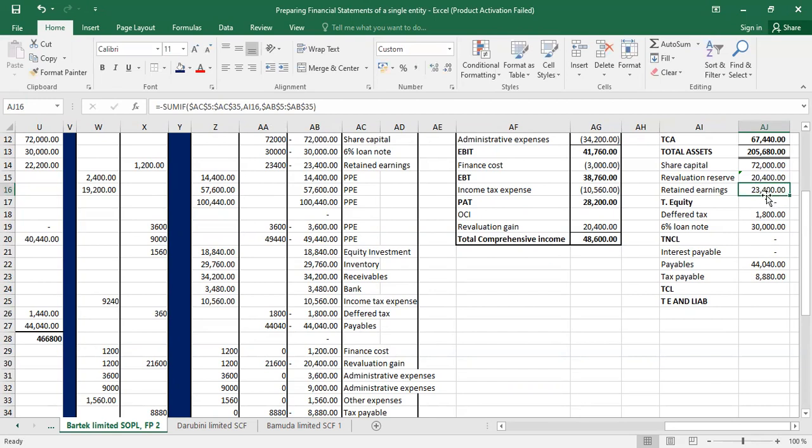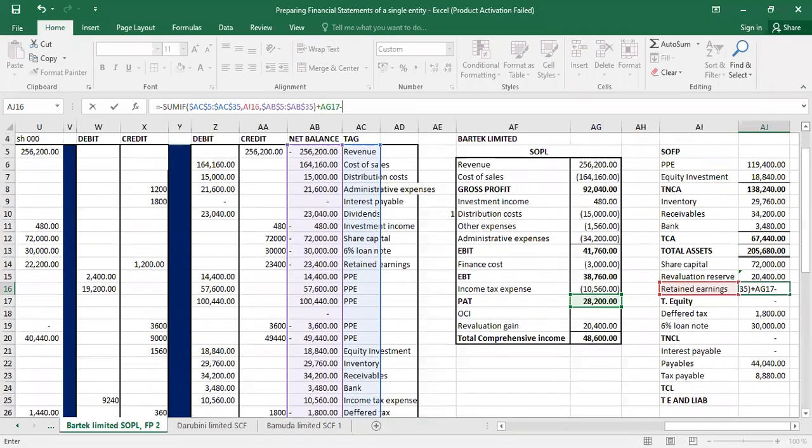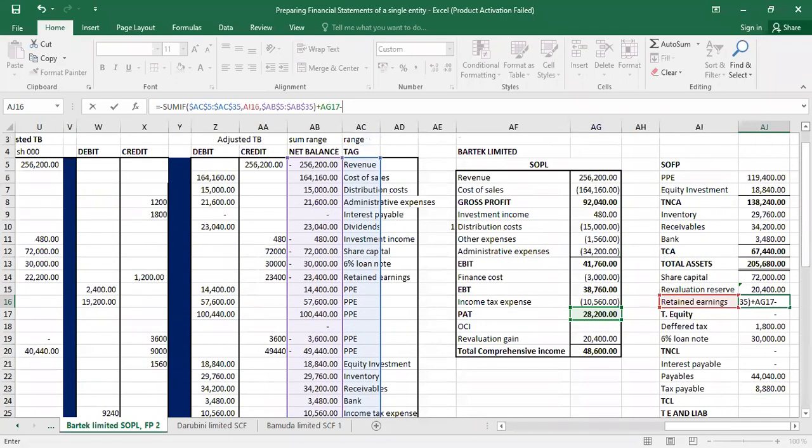Remember this retained earnings, we always add profit after tax. So it will be plus this 28 minus, remember the dividends, isn't it? Because we're not creating the statement of changes in equity. So plus this one here, minus dividends paid. So sorry, dividends paid is here, isn't it? This one was the dividends paid.